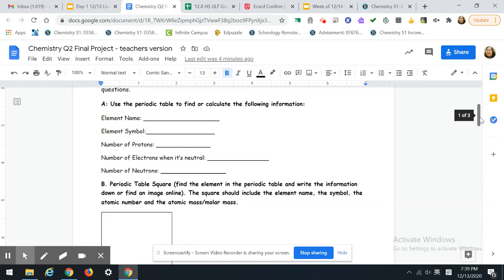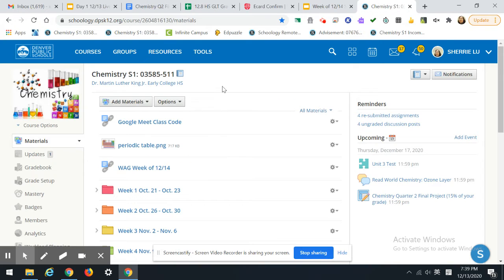Okay, so first of all, you're going to write the element name. For example, if you got carbon, you just write carbon. That's called the element name. The element symbol is the one you can find in the periodic table. So where can you find a periodic table? If you go to Schoology, I have the periodic table posted right below the first file.